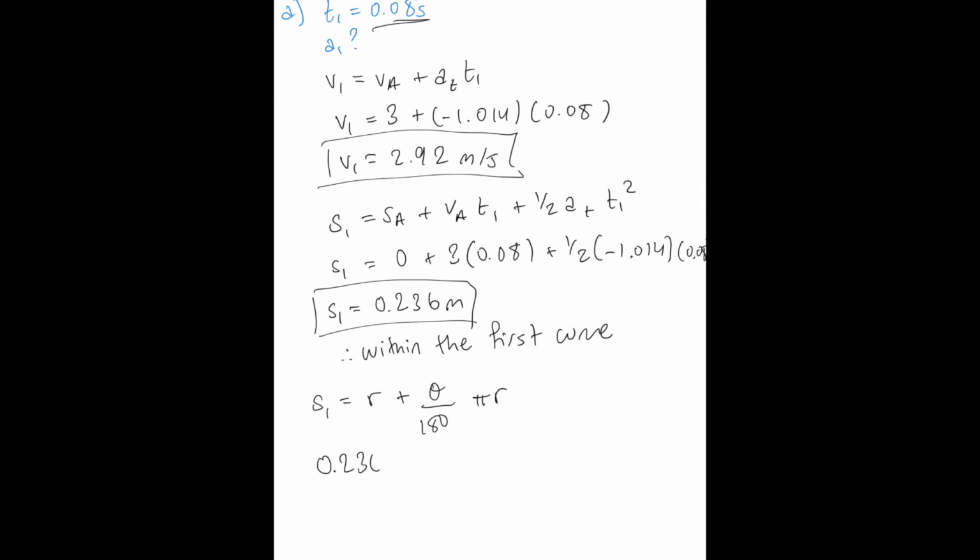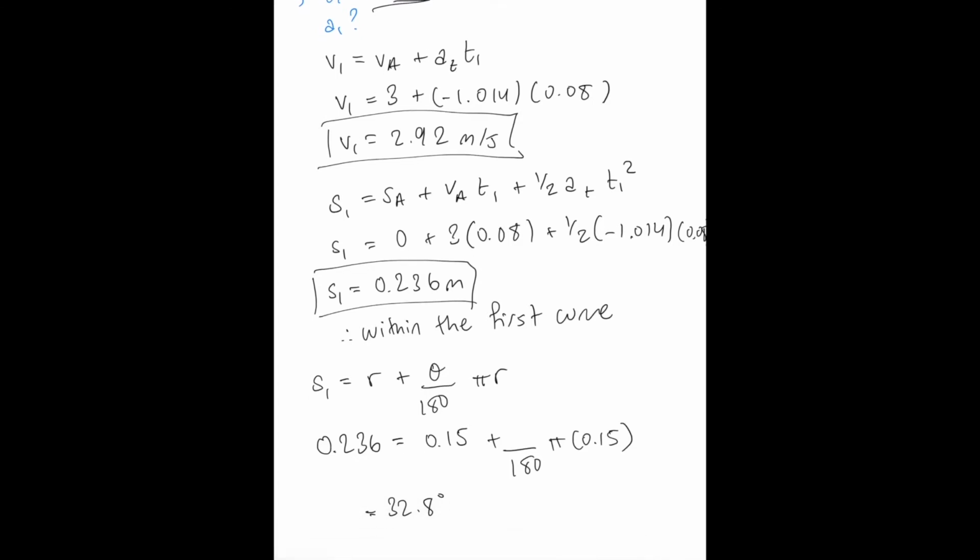So with 0.236, we're going to plug in our known values, and we're going to get theta is equal to 32.8 degrees. Sorry, let's not call it theta though, so we don't get confused. We already have a theta. We're going to call it phi.